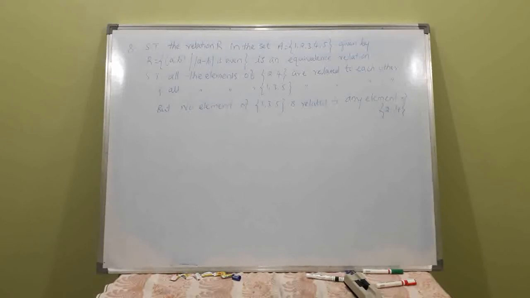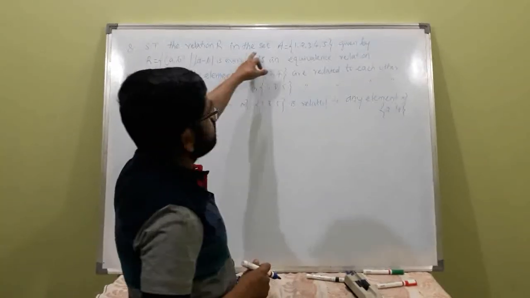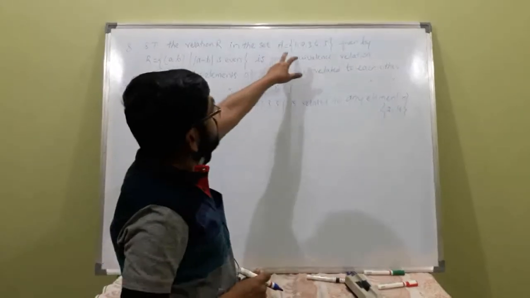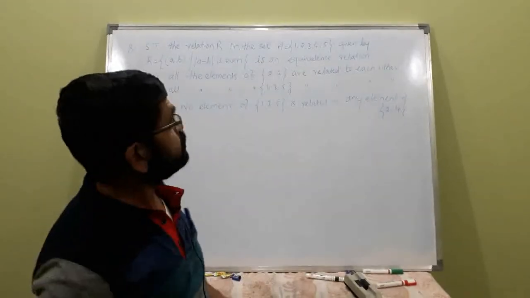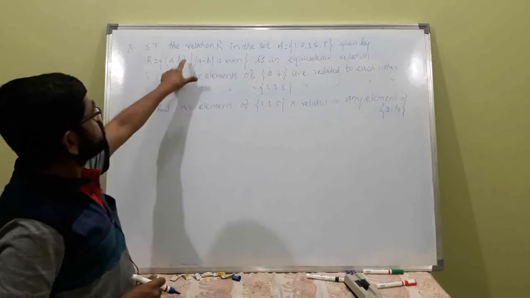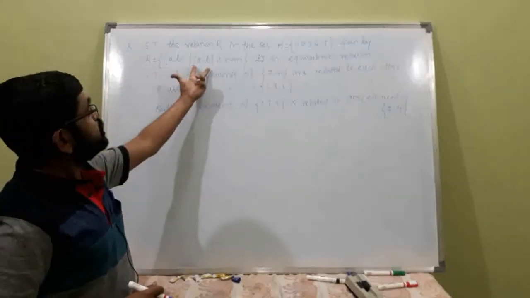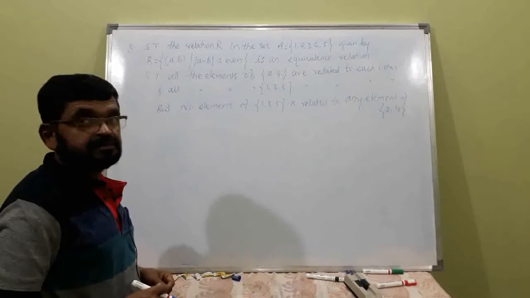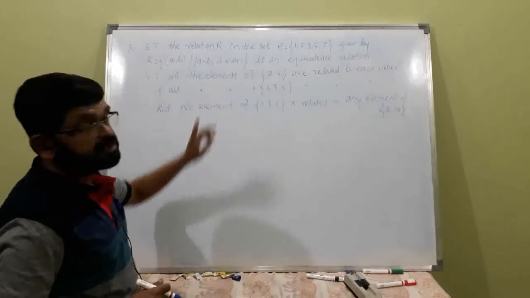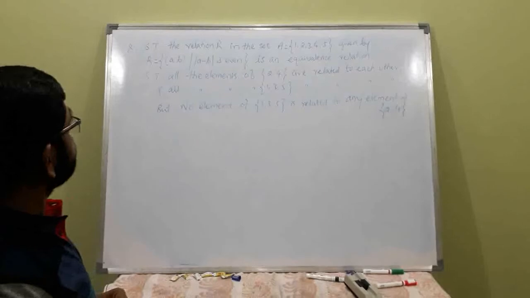Another interesting example is, show that the relation R in the set A = {1, 2, 3, 4, 5} given by R equal to the set of all ordered pairs AB such that modulus of A minus B is even, is an equivalence relation.